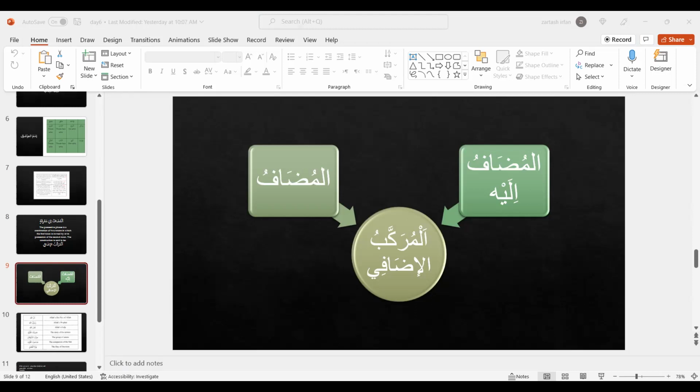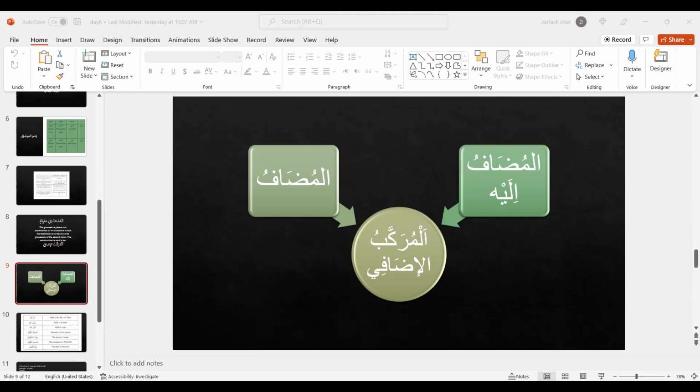It will always have a kasra on its last letter. So this complete murakkab idafi, or idafa construction, can be nakira or it can be marifa.